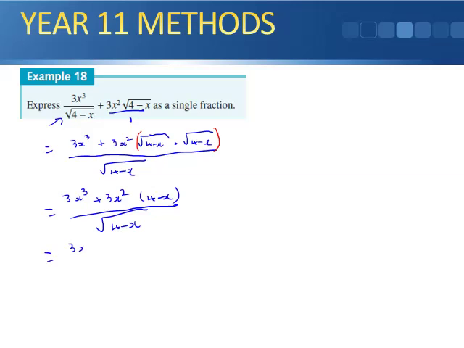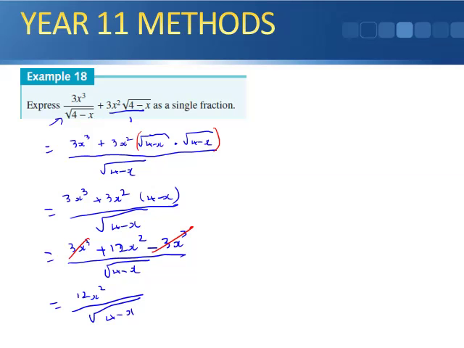And now I can expand it, 3x cubed plus 12x squared minus 3x cubed, all divided by the square root of 4 minus x. 3x cubed minus 3x cubed, they cancel. So I get 12x squared divided by the square root of 4 minus x.